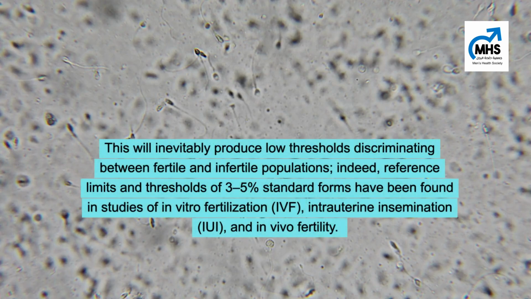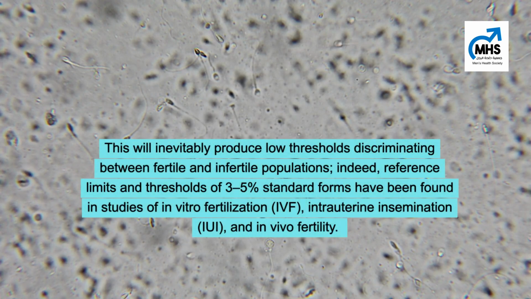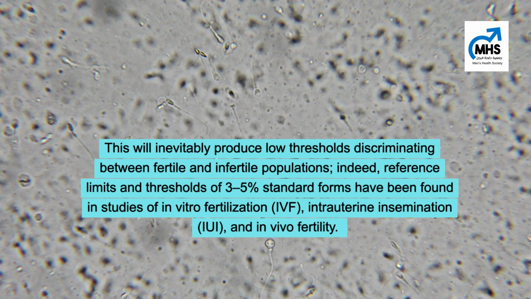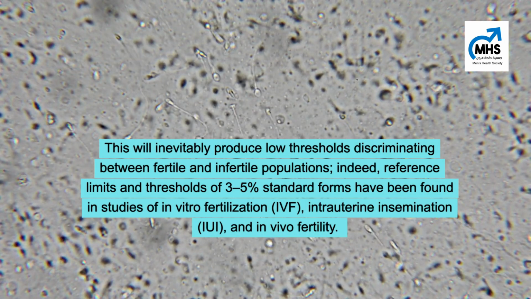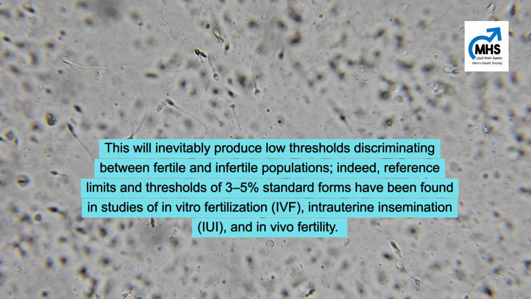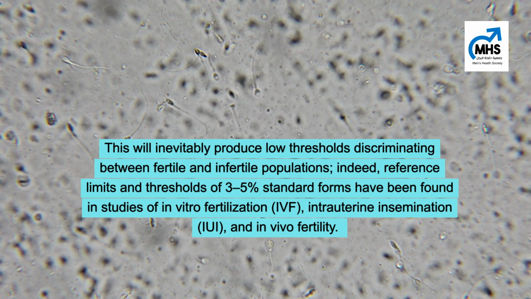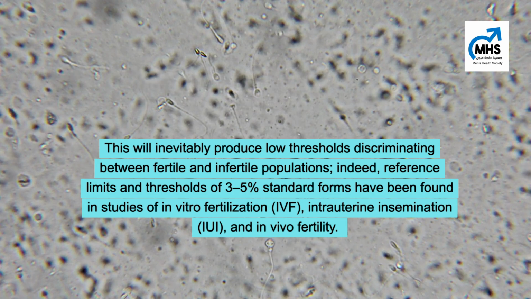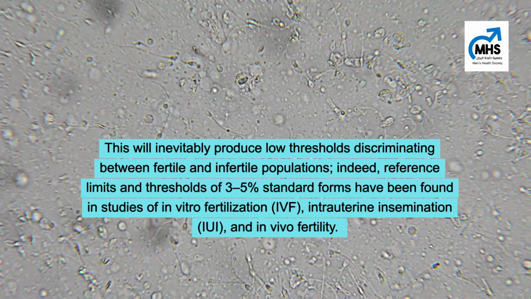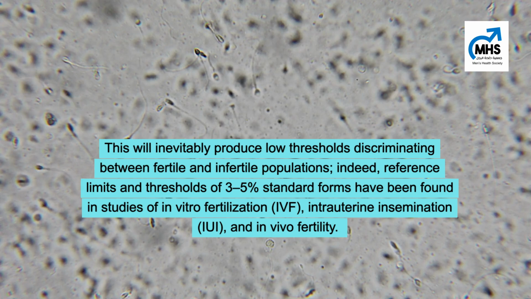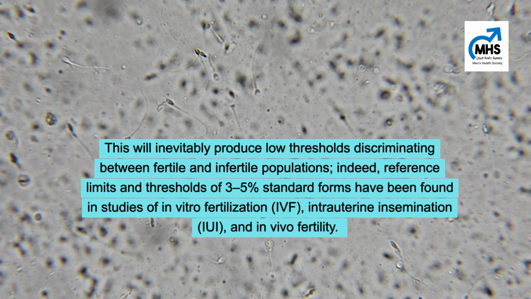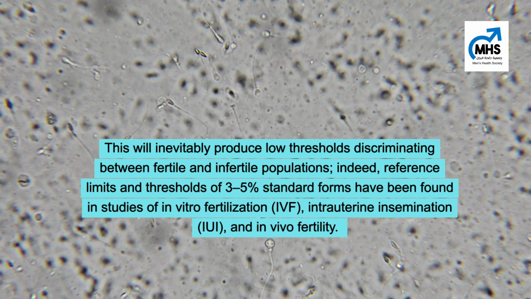This will inevitably produce low thresholds discriminating between fertile and infertile populations. Indeed, reference limits and thresholds of 3 to 5% normal forms have been found in studies of in vitro fertilization, IVF, intrauterine insemination, IUI, and in vivo fertility.